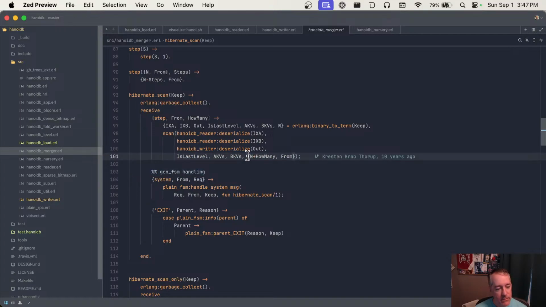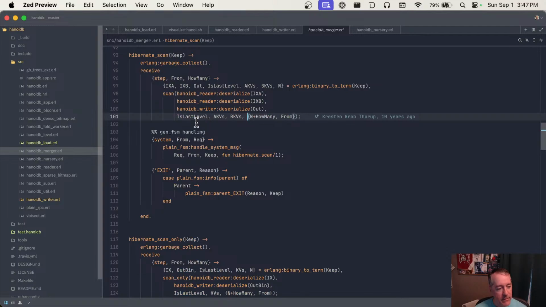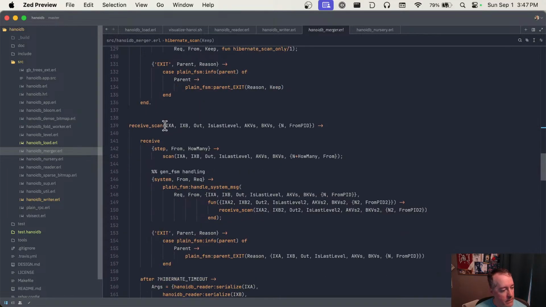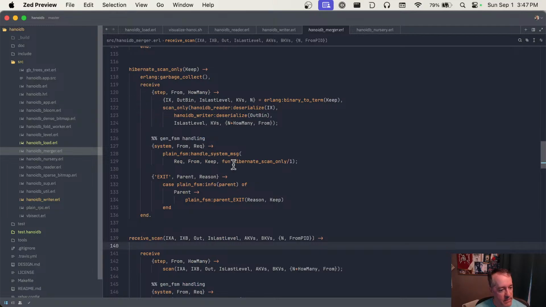So yeah, okay. Let's look at the scan function. Yeah, my Erlang language server is still not working. Okay, so here's a, do we call receive scan anywhere in here?